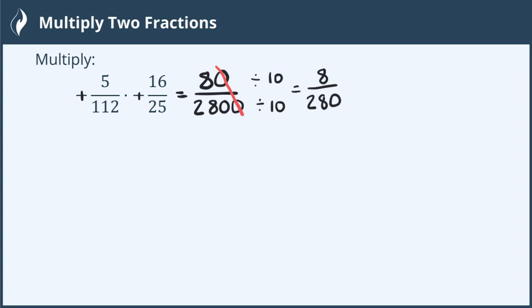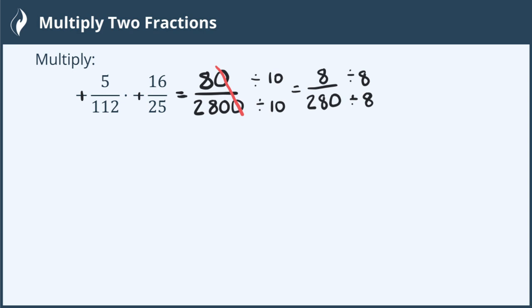Okay, now I see I have 8 and 280. I'm just going to try and see if 280 is divisible by 8, because I can see they're both even. And it does evenly. So I'm going to divide the top and bottom by 8. However, if I didn't know this, I could do, as I did in previous videos, divide by 2, simply because I know that they're even, and even means that they're divisible by 2.